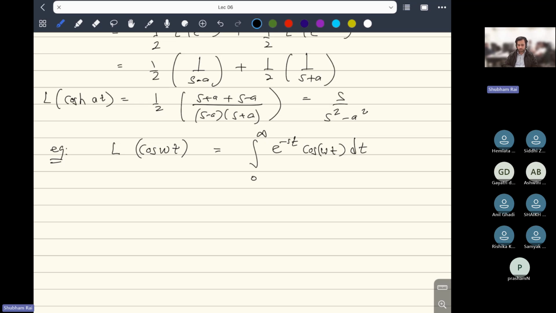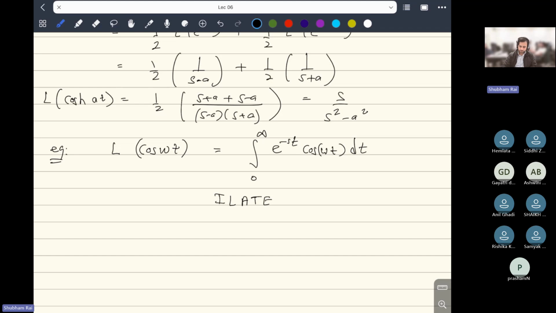So here you will have to apply the product rule. In the product rule of integration, you have to choose the first function and second function, which is chosen using this rule. Here we have inverse trigonometric function, then logarithmic function, algebraic function, trigonometric function, exponential.